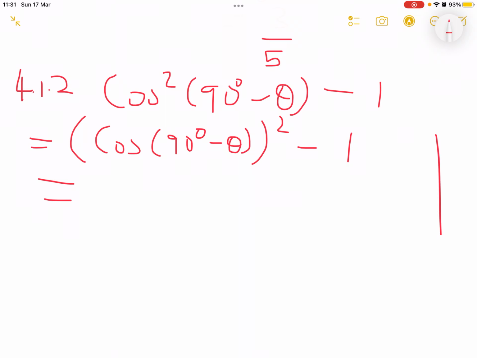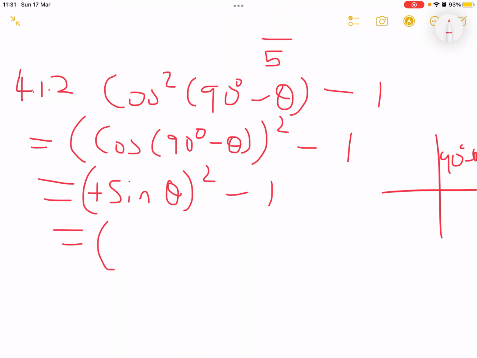But we know from cofunctions, from All Students Take Coffee, that the complementary trig ratio for cos is sine. So this will be the same as sin of the angle inside the cofunction, 90 minus theta. And what is the sign for cos at 90 minus an angle? It's a positive sin. So it's positive sin theta squared minus 1.